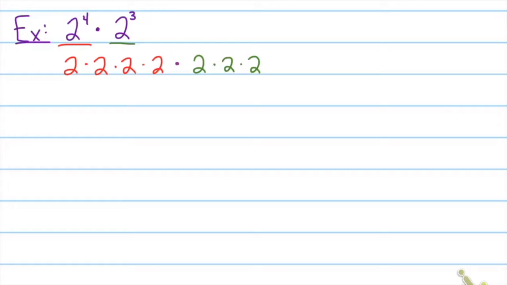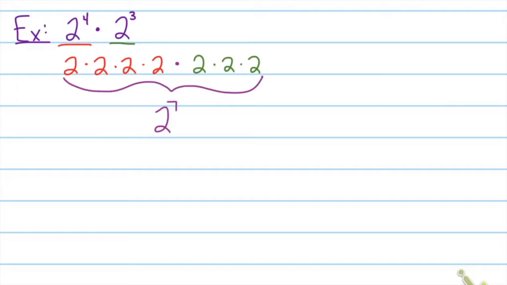I took two different terms that were written in exponential form and I expanded them out to show the product of all those numbers being multiplied together. If I wanted to condense this back down into exponential form, I would get 2 to the 7th power.